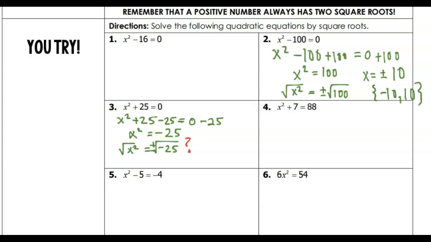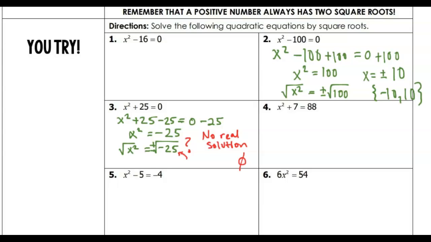And the answer is no. We can't do that. We're going to say that there are no real solutions here, and this would be the example where the parabola isn't crossing the x-axis at any points.